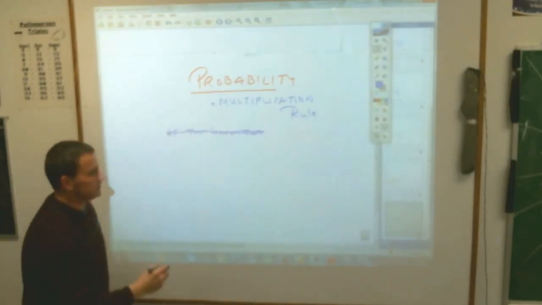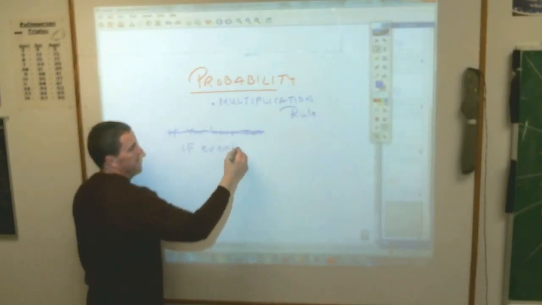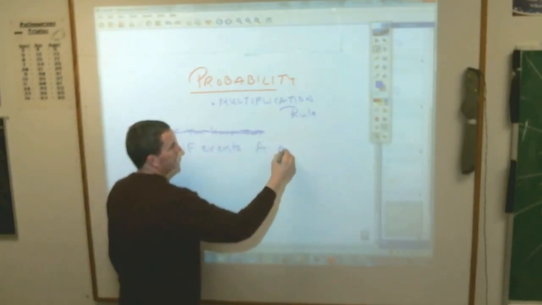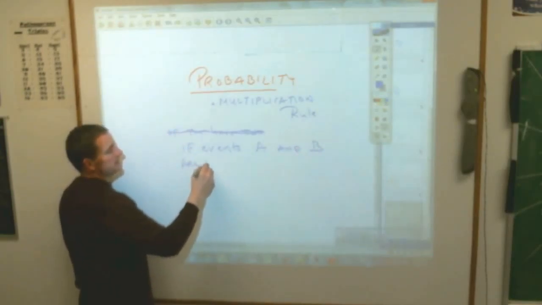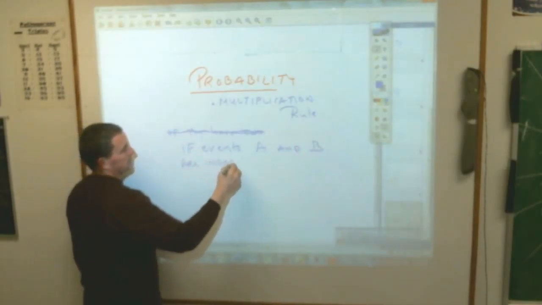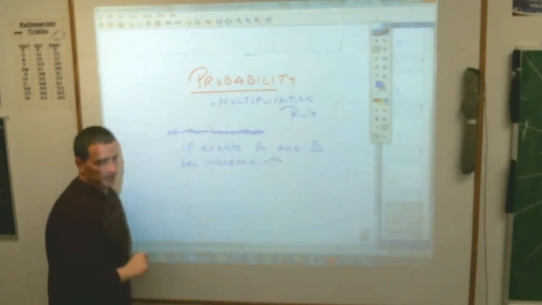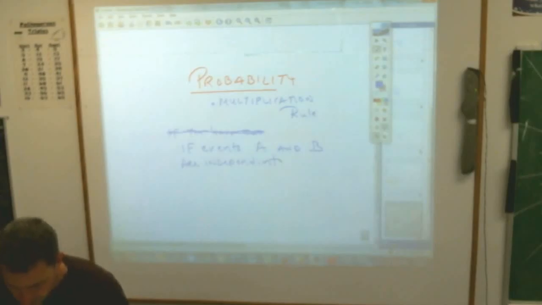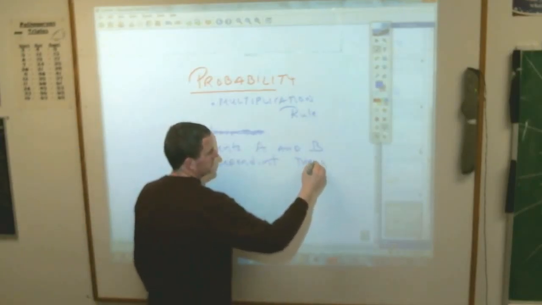If events A and B are independent. What's it mean to be independent? They don't rely on each other. Then, you've heard of if-then statements.